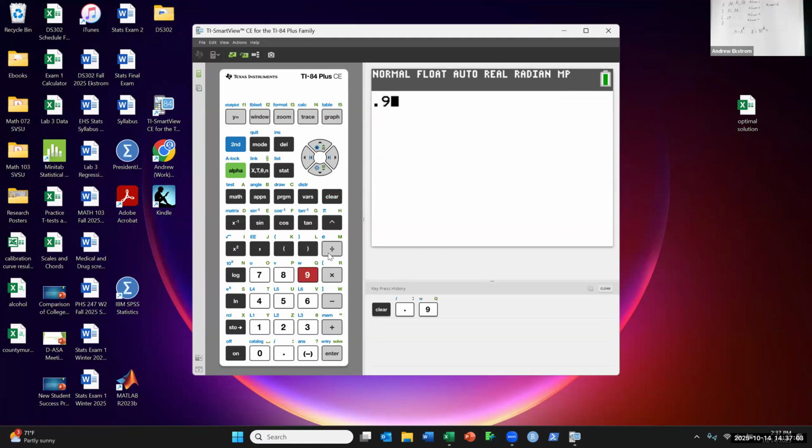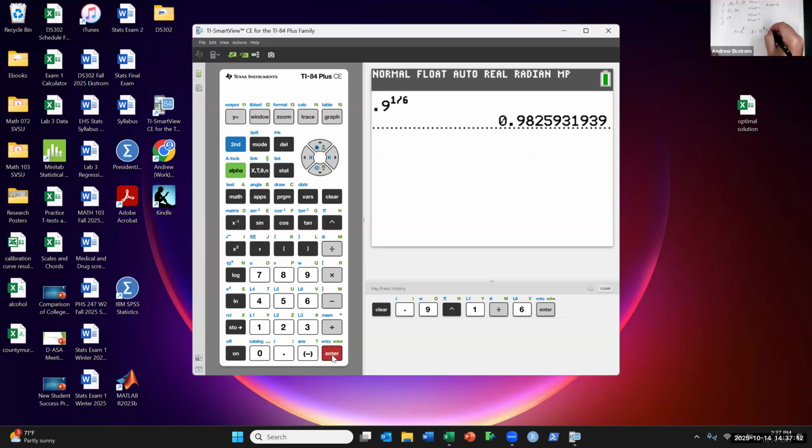So I can do 0.9 raised to the 1 divided by 6 power, hit enter. And I'll just call this 0.983. That is going to be the new significance level for all the pairs that I'm looking at.